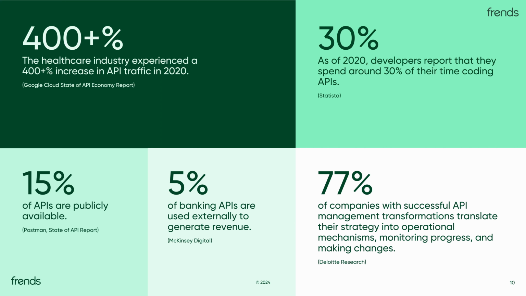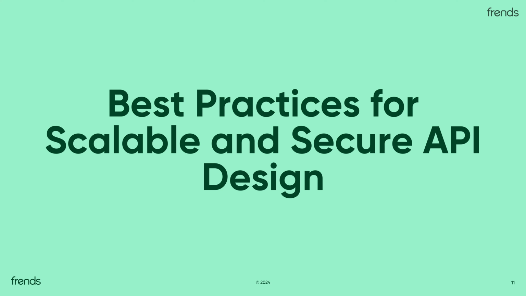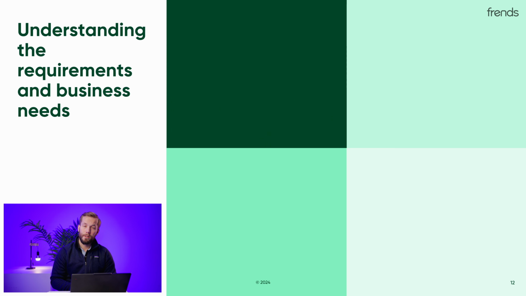And then, when we want to tackle the problem, we need to have best practices for scalable and secure API design. Not a simple topic, of course, but there are a few things we can take into account. It all begins with understanding the requirements and business needs.